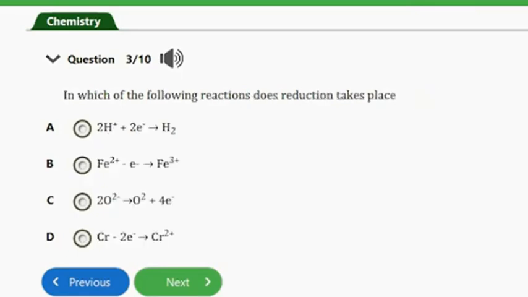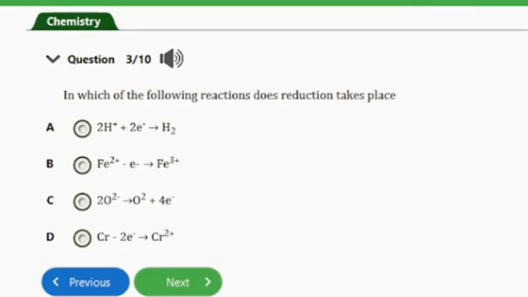Question number 3. It says, in which of the following reactions does reduction take place? So we have here the options A to D. So option A here, 2H ion plus 2 electrons to give H2. That's a molecule of hydrogen. So we have option B here.